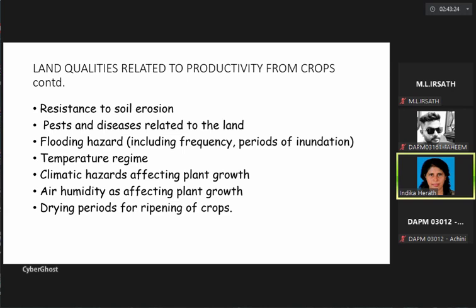So we need to be very careful about the temperature readings. If temperature goes beyond a certain level, certain activities will be affected, right? And climatic hazards. We have already discussed what the climatic hazards are and what we can do about them, right? And air humidity as affecting plant growth.